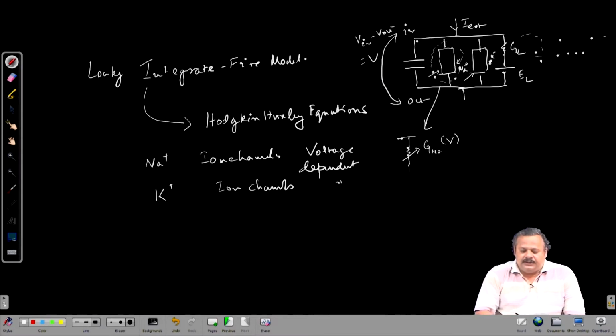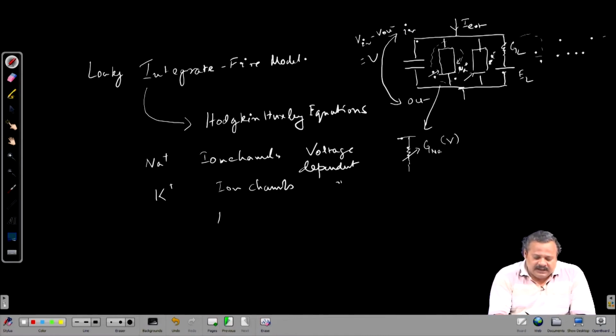Now, as you know, sodium ions have some equilibrium potential based on the concentration of sodium inside and outside the neuron, and that equilibrium potential or reversal potential is, let us say, E_Na. So, sodium reversal potential.